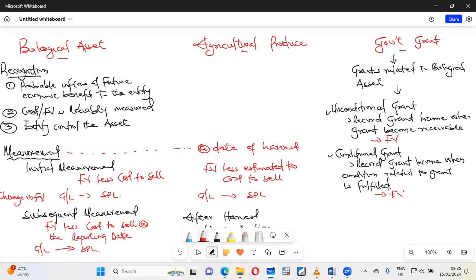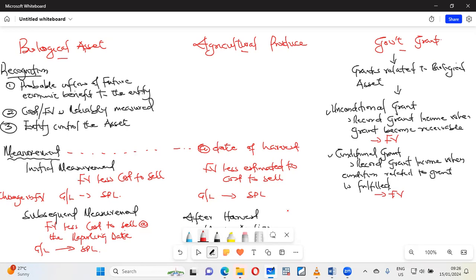Fair value. All right. If there is anything you have to incur before you can receive the grant, then it means that you have to net it off. All right. So that is fair value less cost to sell or whatever, less cost to receive the grant. So a net off is allowed. I mean, we learned something like that in IAS 20. All right. So that is that.